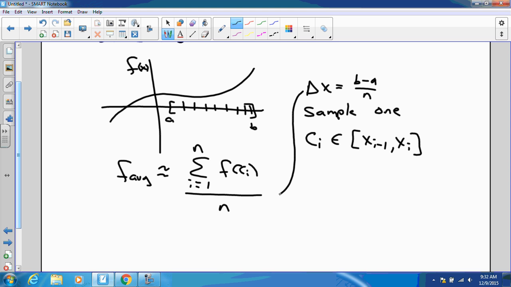Well, what I observe is that the n that I have is related to the delta x. In particular, I see that delta x over b minus a is exactly the same as 1 over n, which is what I have right here.